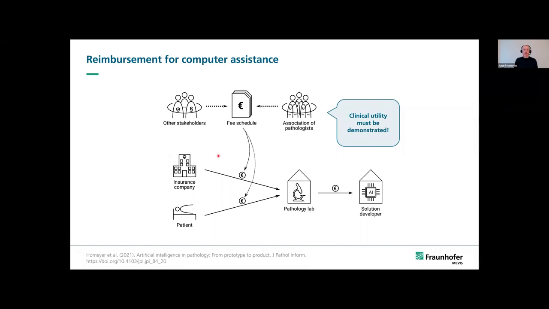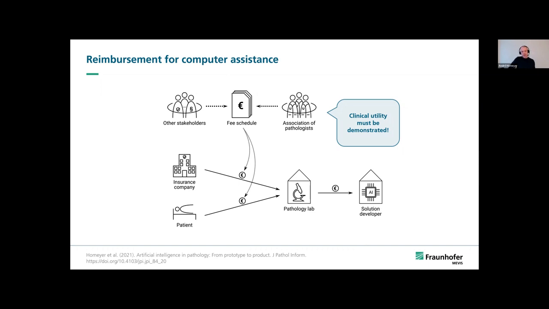However, most medical billing systems rely on a so-called fee schedule that lists the content and fees of various medical services. For instance, in the USA, fees paid by the Medicare insurance program are based on the Medicare physician fee schedule, the MPFS, or the clinical laboratory fee schedule, CLFS, for clinical laboratory services.